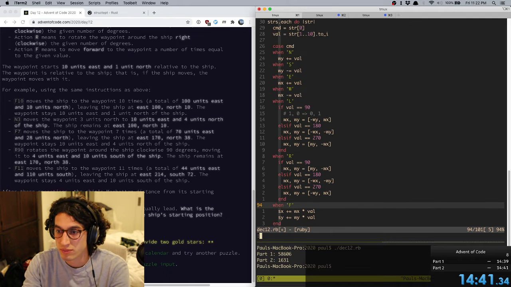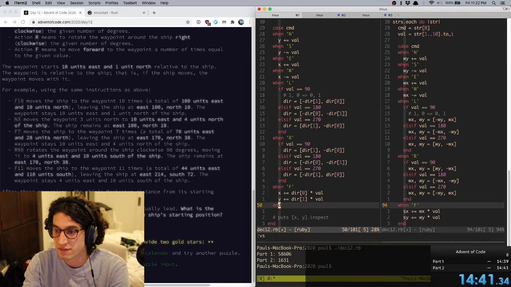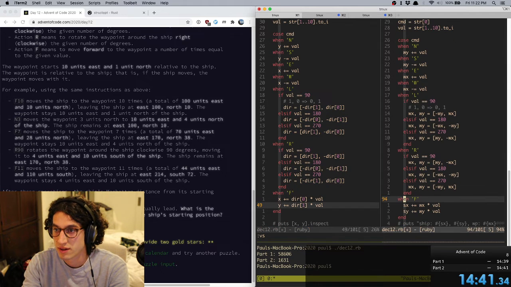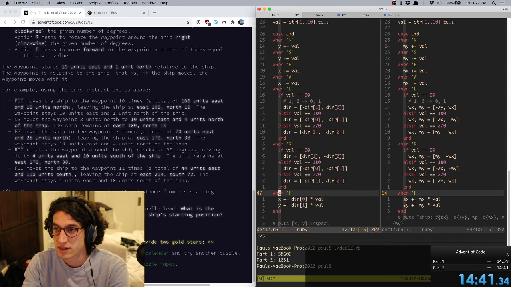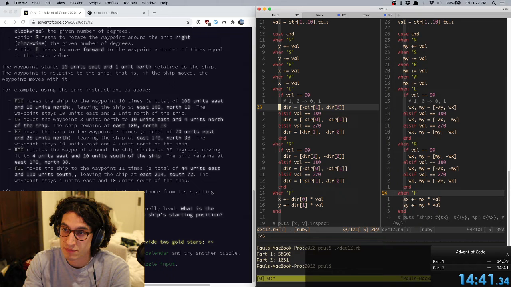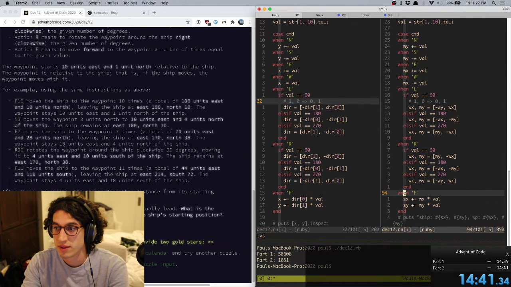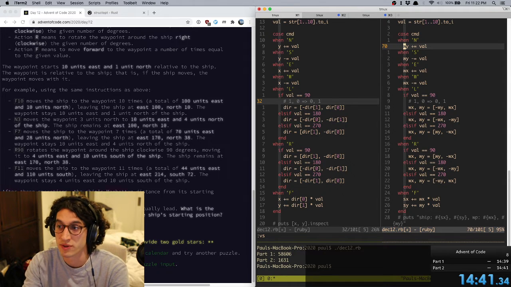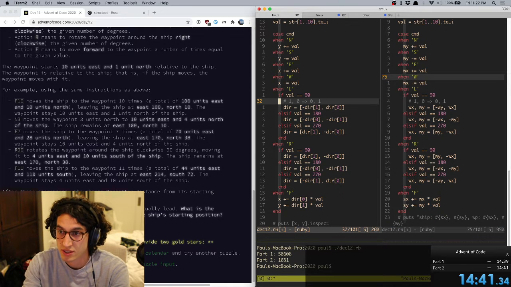So what you notice is these two parts are very similar. All that's different is basically dir in part 1 is the waypoint in part 2. And so in part 2, when you get north, south, east, west commands, you update the waypoint instead of the actual position.